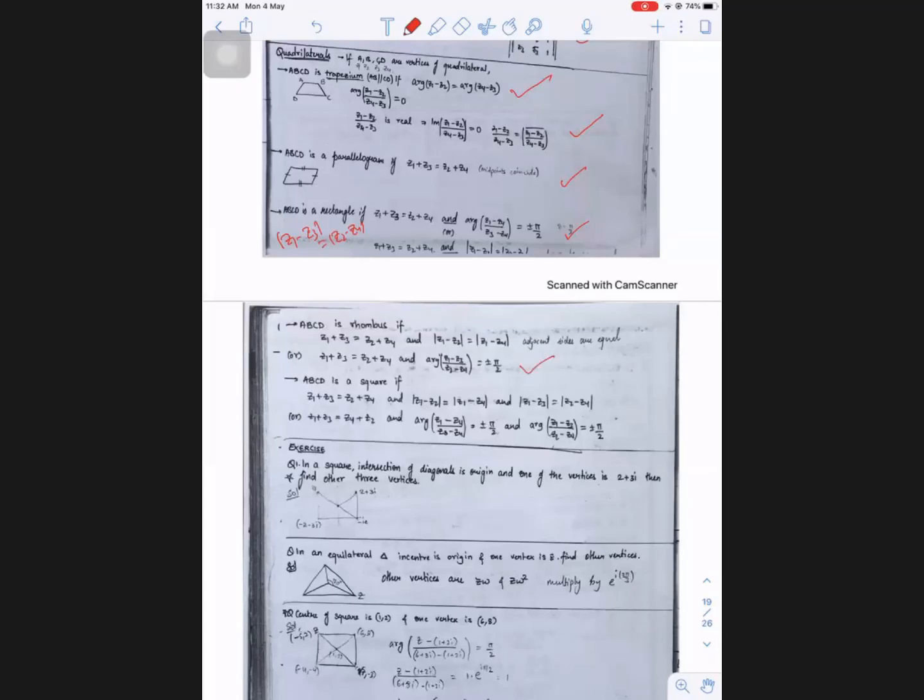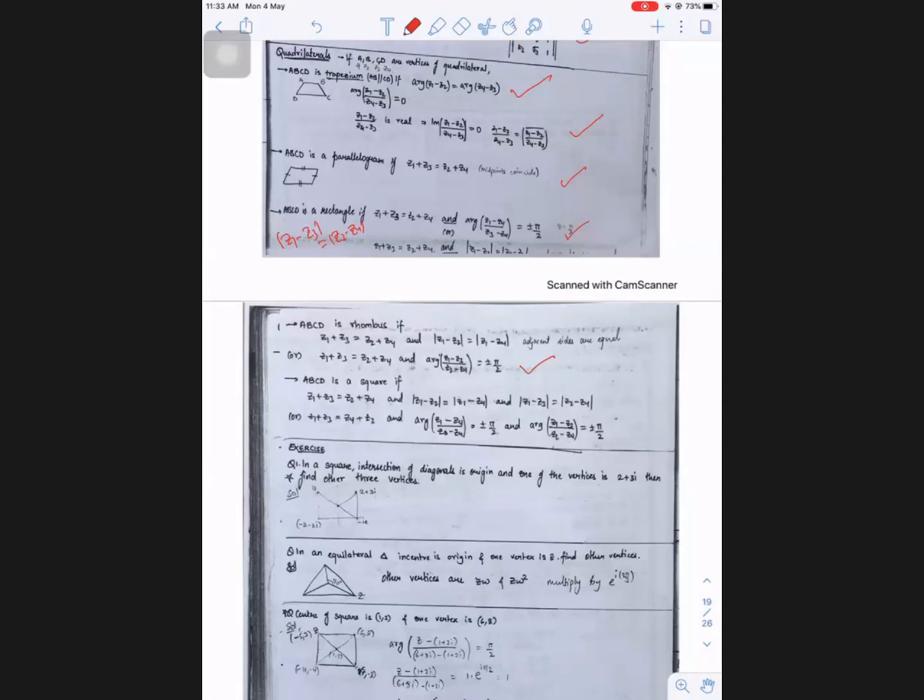Two ways: parallelogram and adjacent sides equal, so Z1 + Z3 = Z2 + Z4 and |Z1 − Z2| = |Z1 − Z4|. Or parallelogram and diagonals perpendicular: Z1 − Z3 is one diagonal and Z2 − Z4 is the other, so the angle between them is 90 degrees, and argument of (Z1 − Z3)/(Z2 − Z4) is plus or minus π/2.